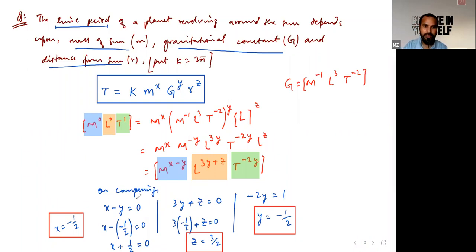I have just compared the exponent of m on the left hand side to the exponent of m on the right hand side. Similarly, compare the exponent of length on the left and right. Similarly, compare the exponent of time on the left and right.